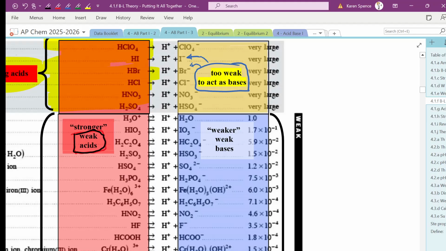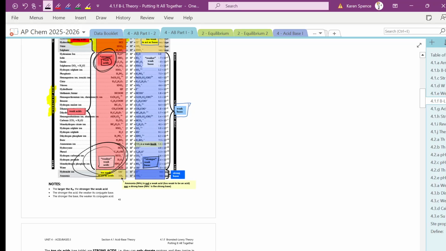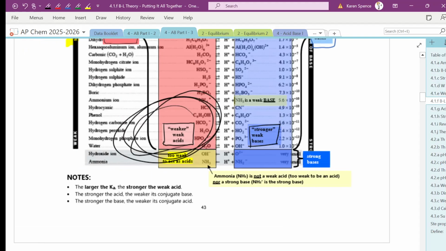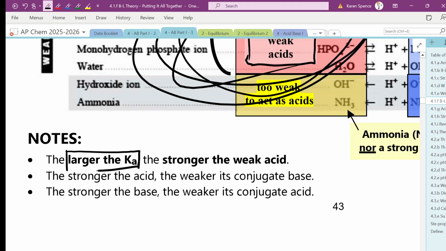What can you say about the Ka values of the stronger weak acids compared to the weaker weak acids? Stronger weak acids have larger Ka values and weaker weak acids have smaller Ka values. Okay, so the larger the Ka, the stronger the weak acid.